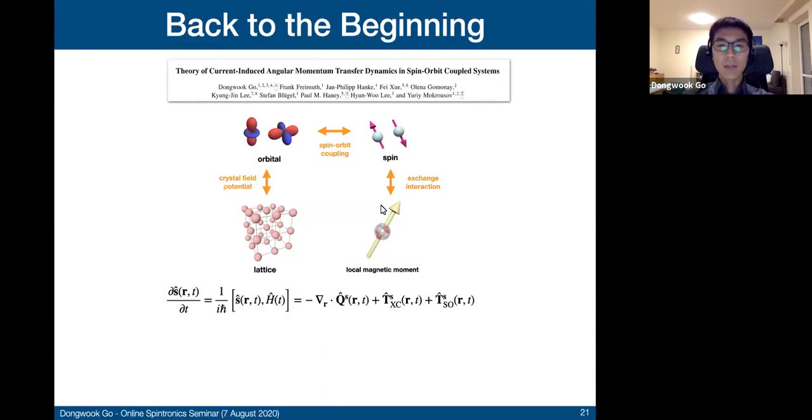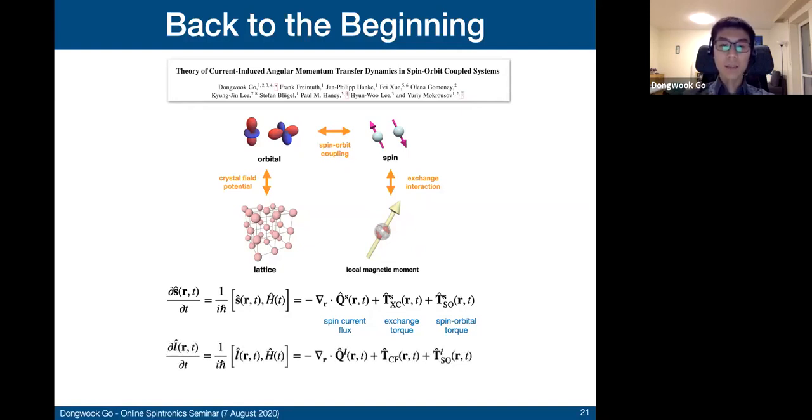This is done with continuity equations for spin and orbital. For spin, for example, we have the spin current flux and also the exchange torque. This describes the angular momentum exchange between spin and local moment, and also the so-called spin orbital torque that we named. This one describes the angular momentum transfer between the spin and orbital parts of the wave function.